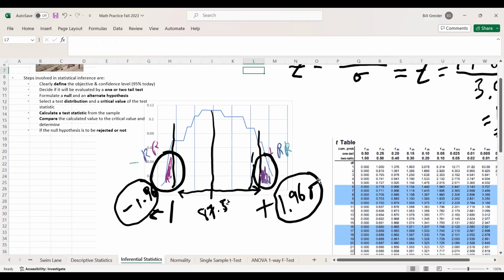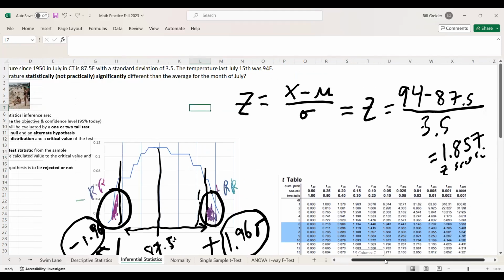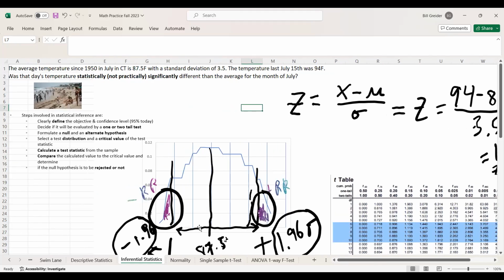From the table, we realized 1.96 was our goalpost, and our test statistic came out at 1.857. So it was inside the bell, not in the rejection region, so we could not reject the null hypothesis. That's a quick review of that.